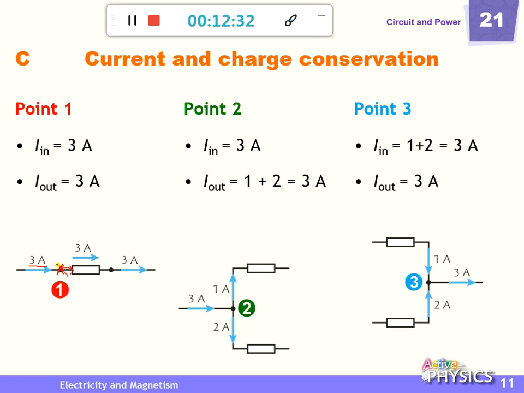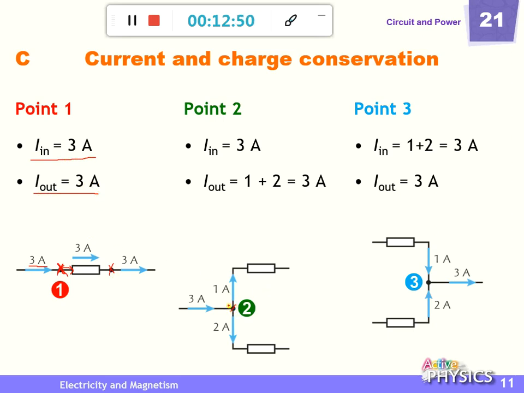If you stand at the junction, the current should be the same, 3A. The other joint point will be the same, 3A. So into the point is 3A, and out of the point is also 3A.